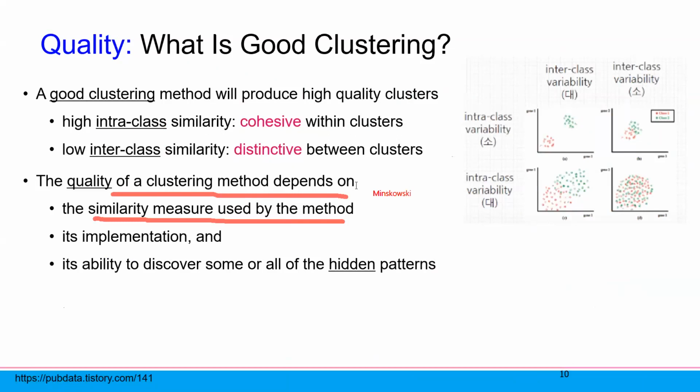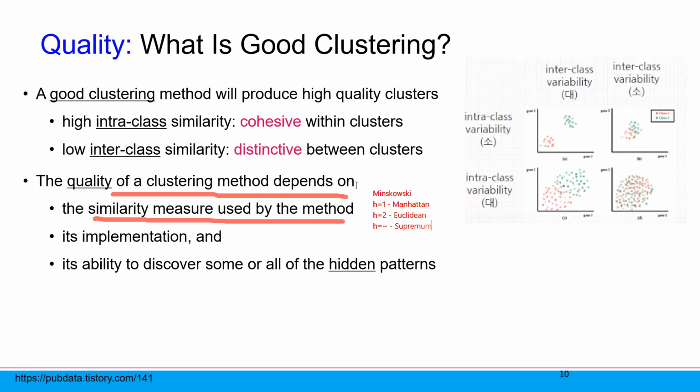There are three cases. When h equals 1, it is Manhattan. When h equals 2, it is Euclidean. And when h equals infinity, we call it supremum. Okay. These are the basic distance measures.